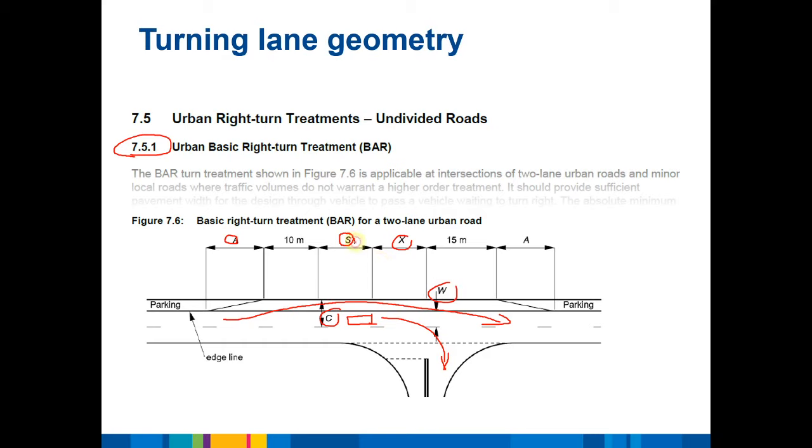S is a function of storage, X is a function of the vehicle turning width, so what's the design vehicle and how wide does it need to turn, and A is a function of how wide we are moving off the main road and what the speed environment is. So how comfortably can we make this turn here, and how comfortably can we make that turn there? That tells us A.